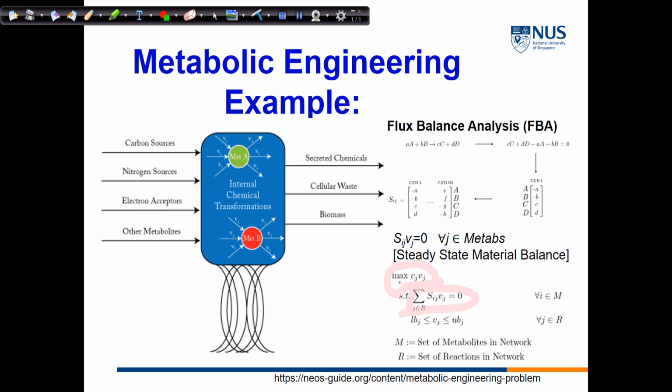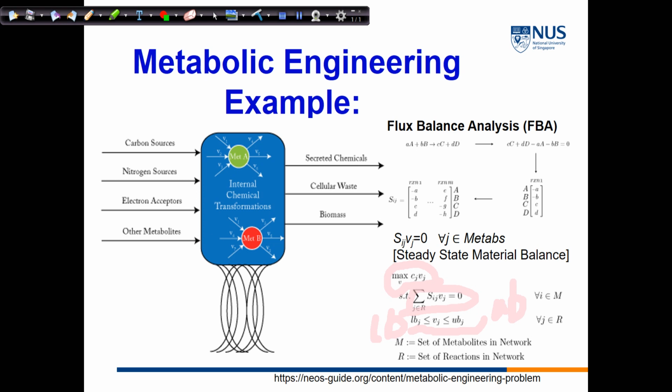Well, for each of these fluxes, it gets certain lower bound. We use LB to indicate lower bound, and the maximum value upper bound UB. So this is a basic problem formulation.